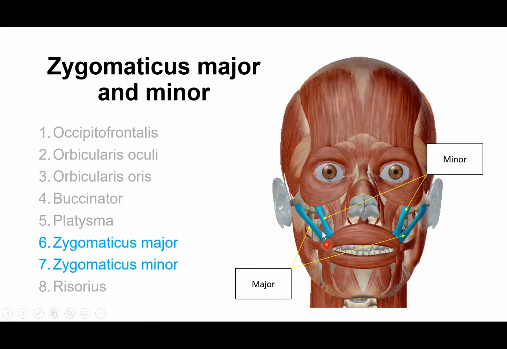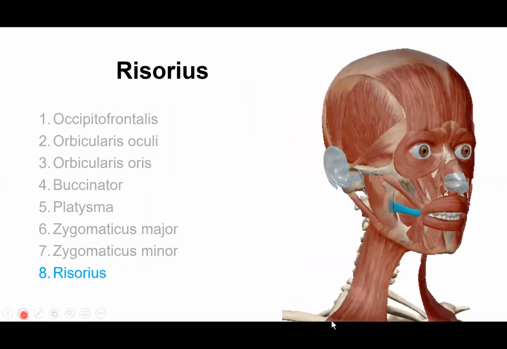So the major are these two, more inferior and lateral, and then the zygomaticus minor are the more superior medial muscles. And then finally is the risorius muscle. And so if you remember, here is the zygomaticus minor, zygomaticus major, buccinator, deep back there, and the risorius muscle.